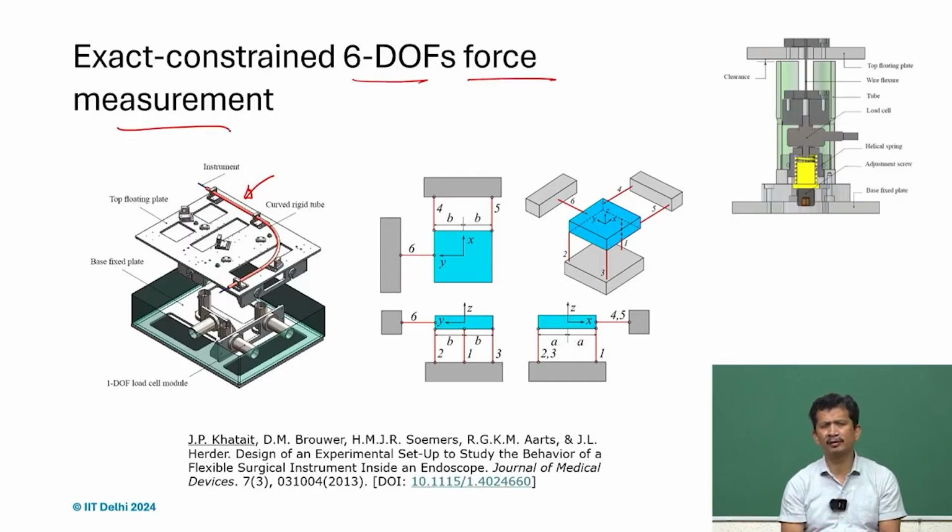So, in a way it is a 6 DOF force measurement device, or you can even call it a load cell, or many times it is also referred to as a reaction platform, but it can be designed as per our requirement, and we do not have to buy very expensive 6 DOF, multi axis load cells, but we can just use the concept and design our own reaction platform.